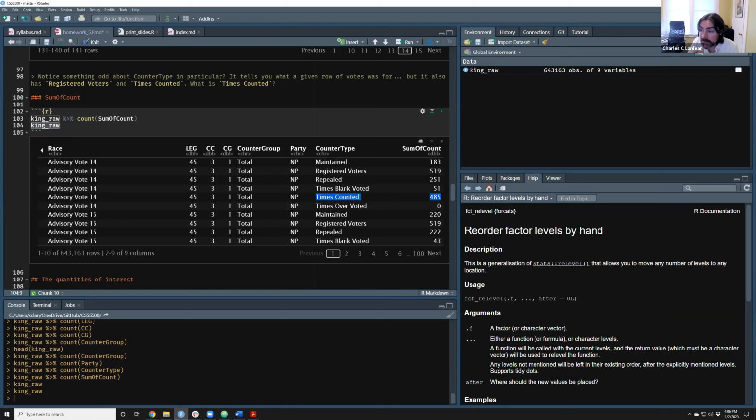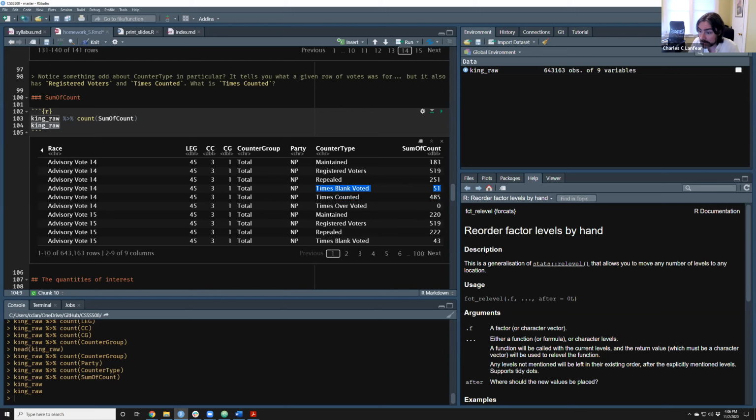Yeah. So this is a really dumb thing about this data set. Notice that they've mixed actual counts of votes with summary data about the precinct in the same column. So you have the number who voted to maintain, the number who voted to repeal, the total number of people eligible to vote in the first place, the total number of ballots received, and then 51 times blank voted.